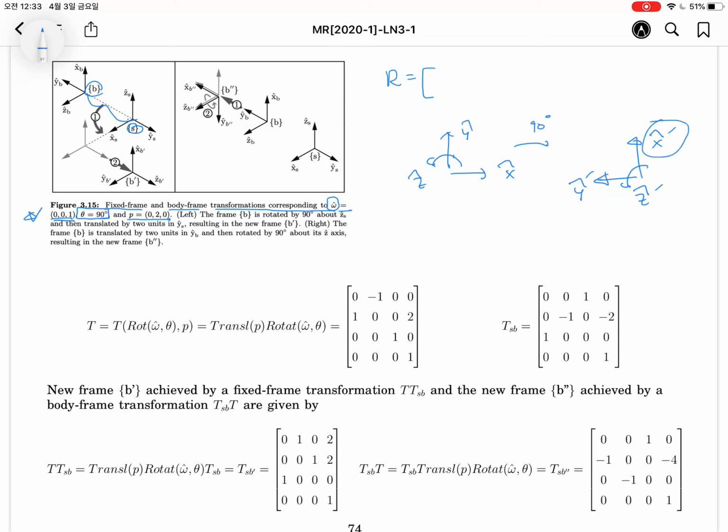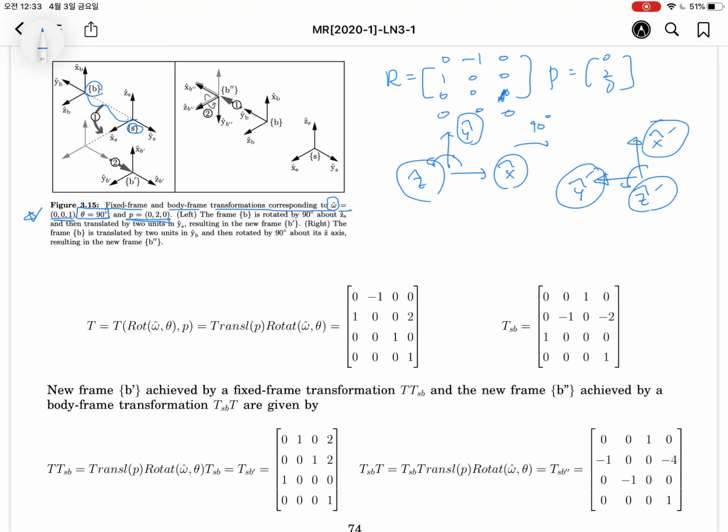The x hat prime can be read using the y, so we have 0, 1, 0. The second column will be the minus x hat, equal to minus x, so minus 1, 0, 0. And then z is the same as before, so 0, 0, 1. And then P is 0, 2, 0, and the remaining 3 zeros are located here, and then 1 is appended here to make the 4x4 matrix.